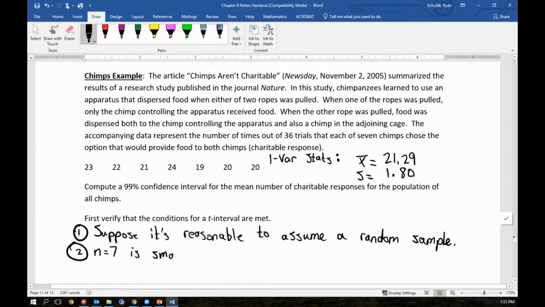But we can't just stop and say, oh, nope, doesn't work. Because if we look at our properties, it says it has to be large or we have to figure out that it's normal. So I'm going to put a note here that says see chart on next page. And we'll get to that chart here in a second.